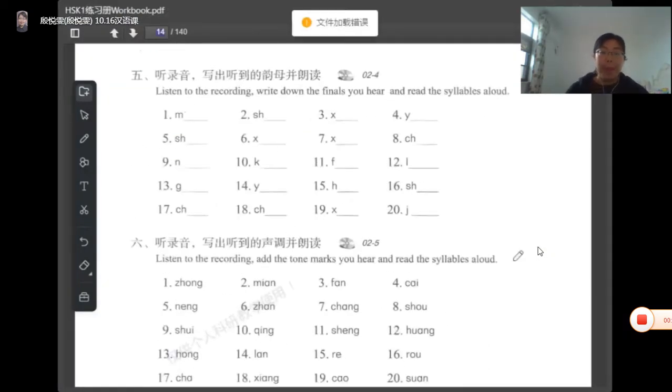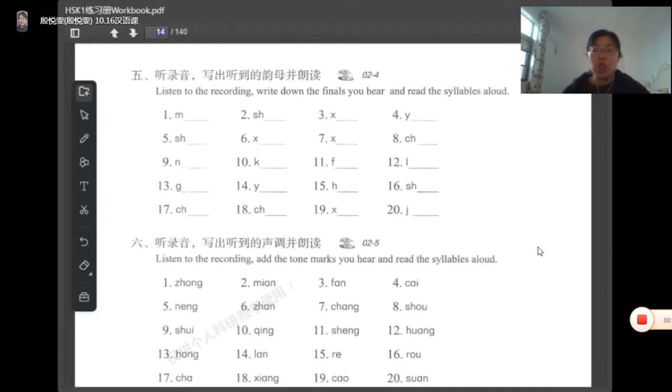Okay, first one. Ma. Very good, Shahid is the first one, very fast. Shahid, the final with the tone, so great.